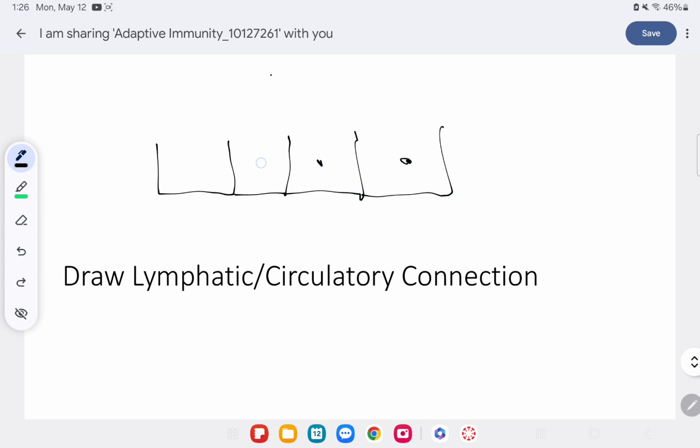Capillary system, and we said that it's under pressure on this side, the arterial end, and the venal end under less pressure, and that we have some fluid loss here, some goes back, that this is called interstitial fluid.